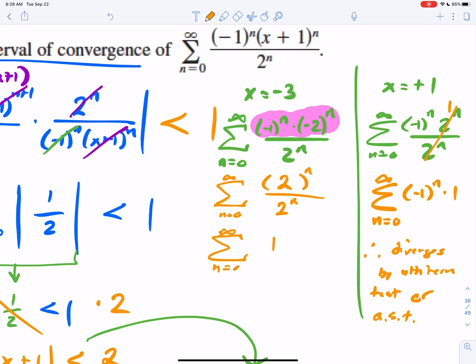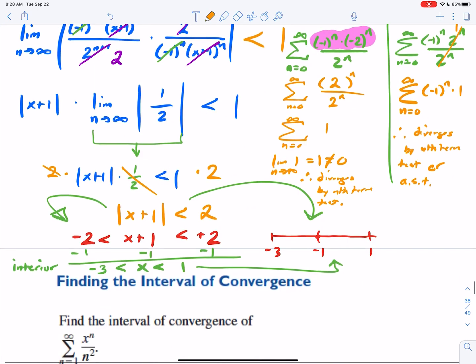Same idea, if you run the divergence test, if you take the limit as n goes to infinity for 1, you just get 1, which is definitely not 0, so therefore diverges by the nth term test or the divergence test, doesn't matter. And there you go. So they both happen to diverge. So that means we are not going to include it.